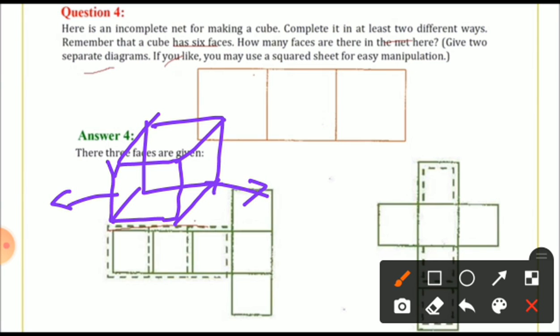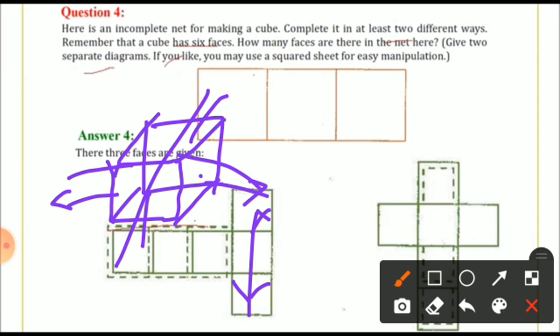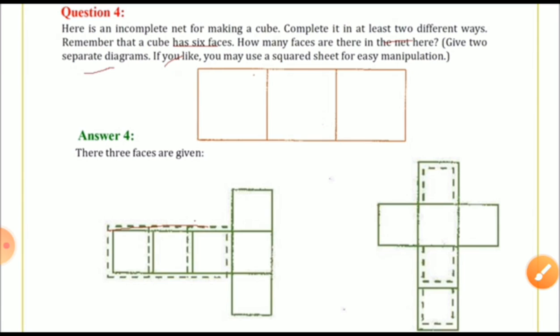Or when you see it, these four things are together, then reopen this fourth part. Or you can first open these 3 parts and then 1 part here, 1 part here. So this method also will give you a net of a cube according to our question number 4.